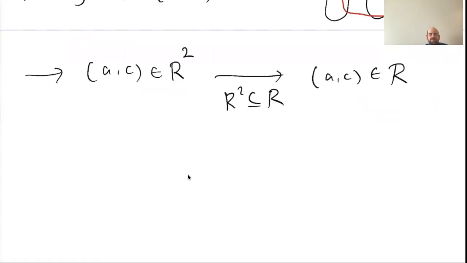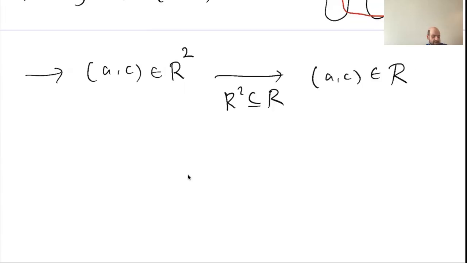This is the meaning of a set being a subset of another. If set number 1 is a subset of set number 2, that means each element in set number 1 must be also in set number 2. So here (a, c) is in R² and R² is a subset of R, therefore (a, c) is in R. Well, that's it.